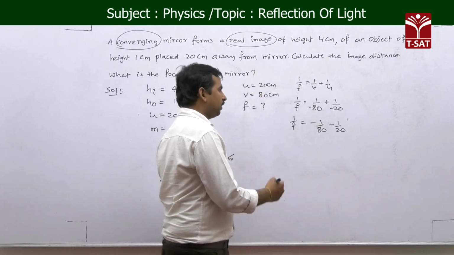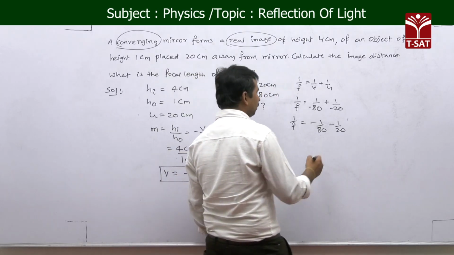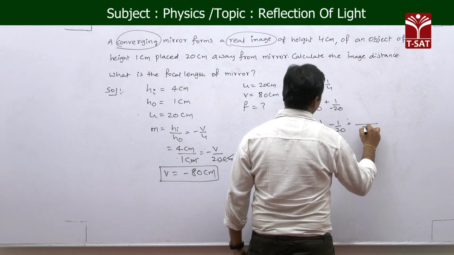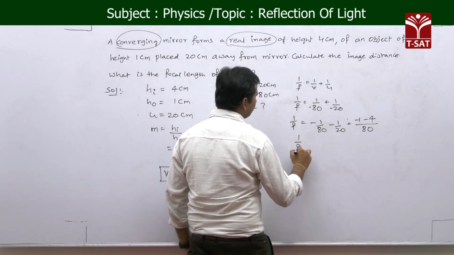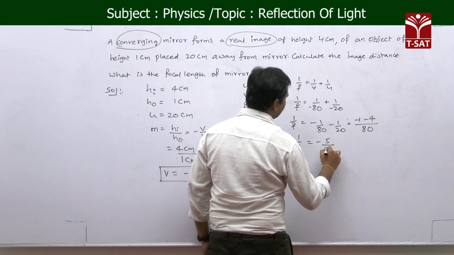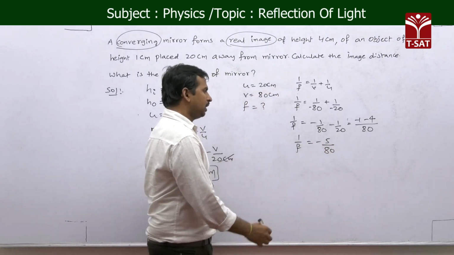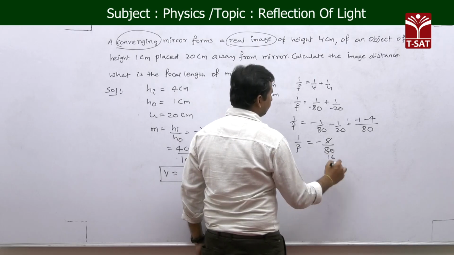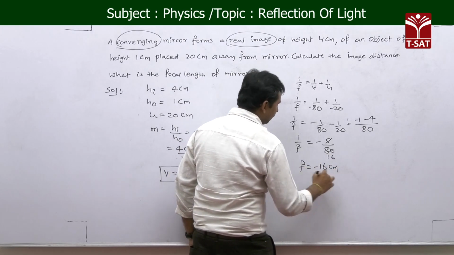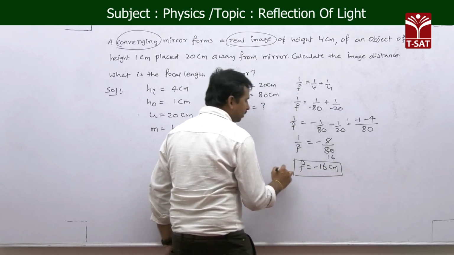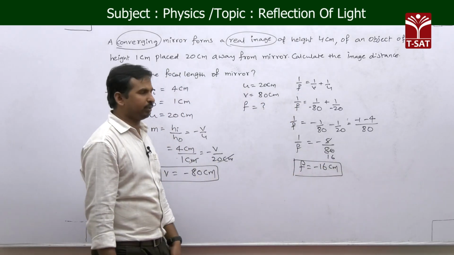If you take the LCM of 80 and 20, which is 80, then minus 1 minus 4, then f is equal to minus 5 by 80. Okay. Then 5 and 16 get cancelled, then we got f is equal to minus 16 centimeters. This is the focal length we got, f is equal to minus 16.